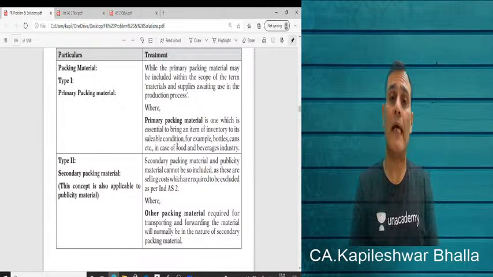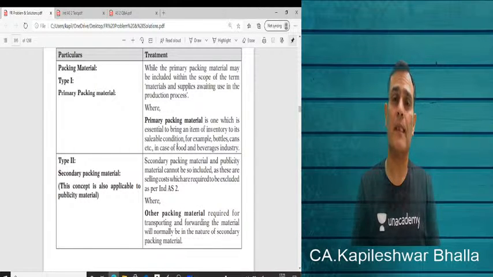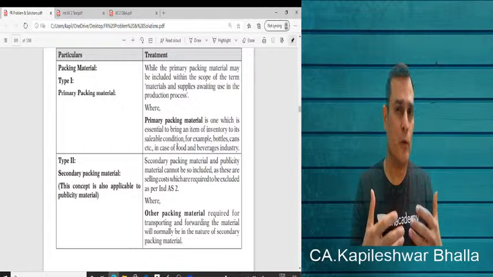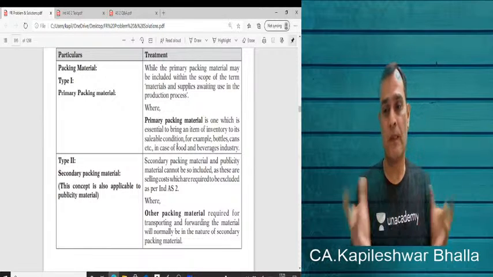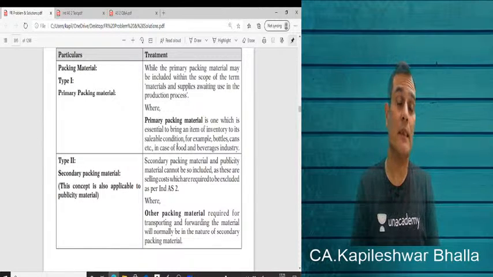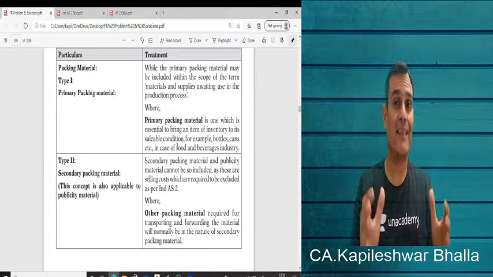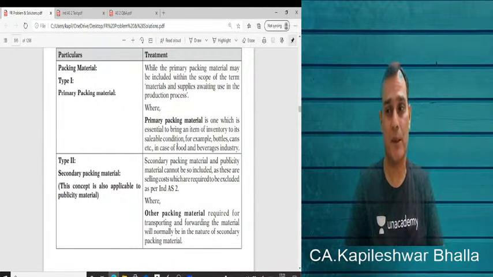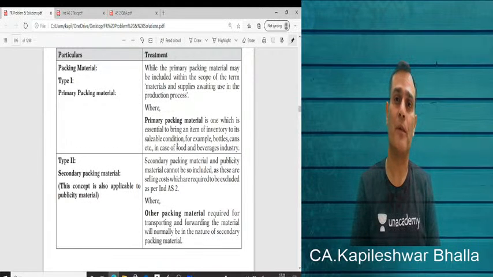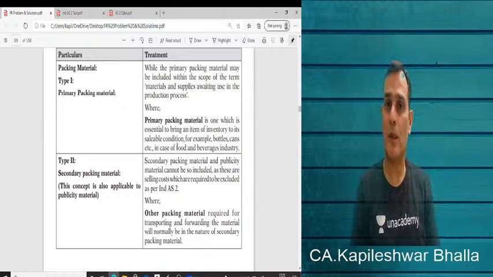But when you look at a secondary packing, this is additional packing, which is more in the nature of advertisement. Like recently, during Diwali, you see that the products have already been packed and then they are given a larger packing as well to make them more attractive to the consumers. Now it is not an essential packing, but it's more in the nature of advertisement.